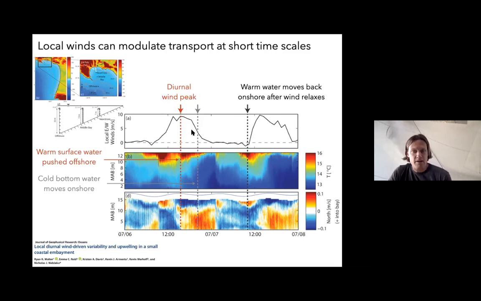The wind slacks off into the nighttime hours, and eventually we see the return of this warm water as a propagating internal wave, a propagating gravity wave, and this warm water splashes back into the kelp forest several hours later.